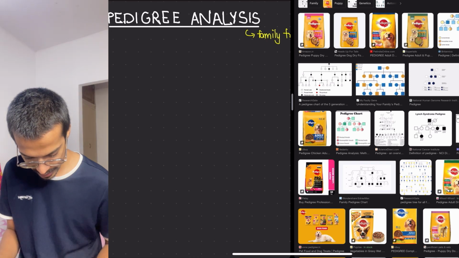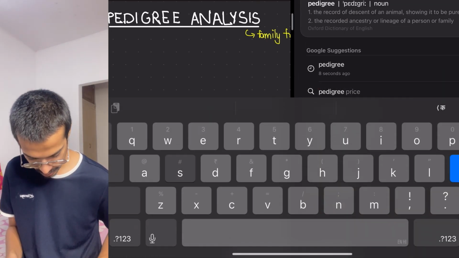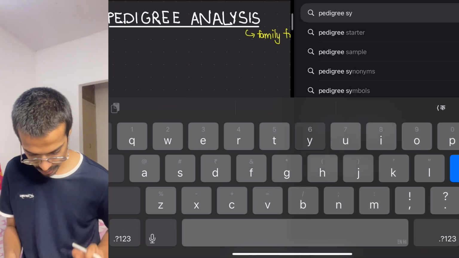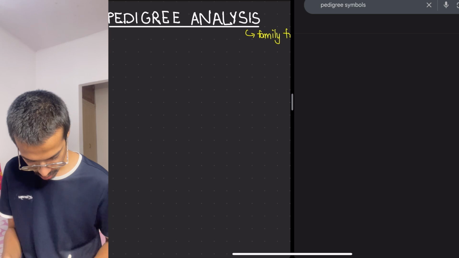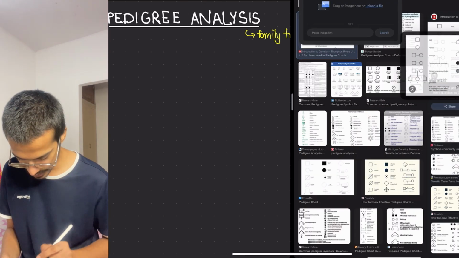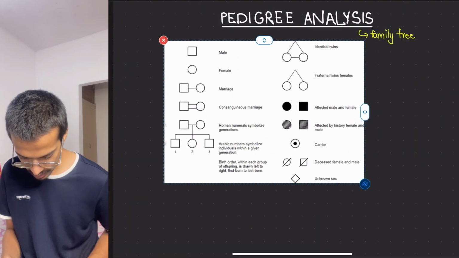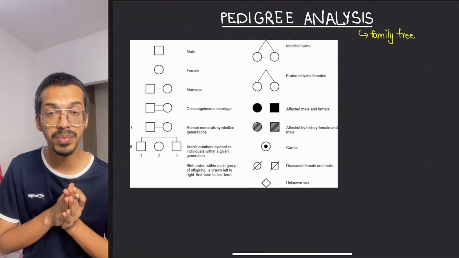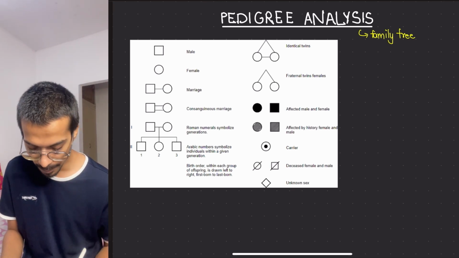Pedigree symbols image. Yeah, this will work. If we want anything else, we will take it. So these are the symbols. Now let's see what each one means.